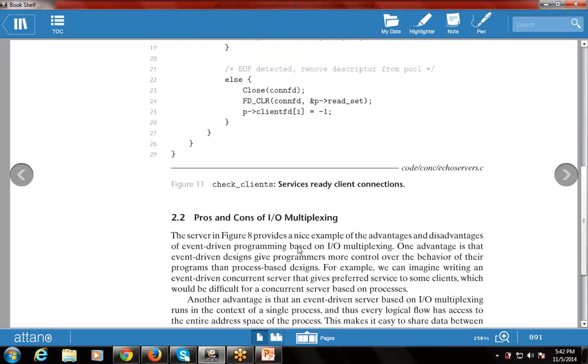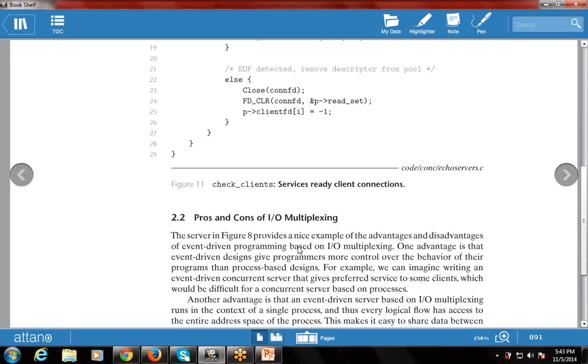The server in figure 8 provides a nice example of the advantages and disadvantages of event-driven programming based on input-output multiplexing. One advantage is that event-driven designs give the programmer more control over the behavior of their programs than process-based designs.